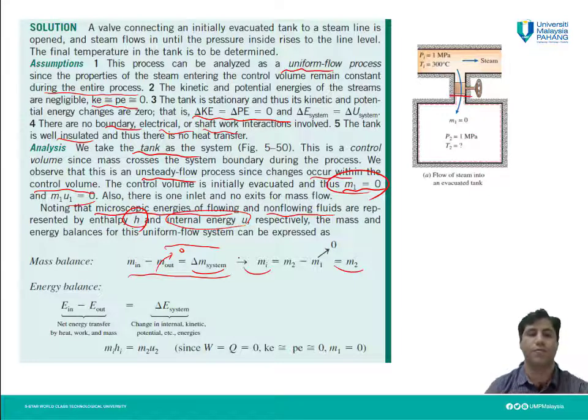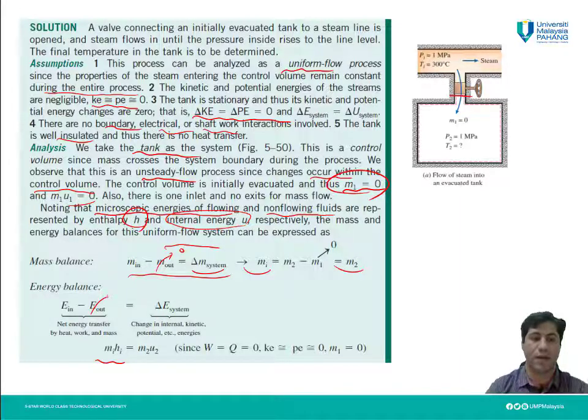So mi equals m2. Then if we write the energy balance equation for this control volume, E in minus E out equals delta E of the system. The energy which comes to the system is carried by the flowing fluid, or flowing steam, into the control volume, which is mi hi.